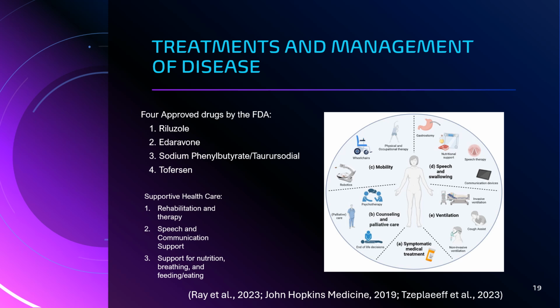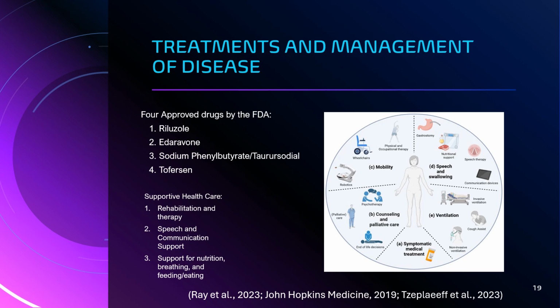Riluzole is an oral medication known for the past 25-ish years to have effects on the disease by slowing the progression down, which all of these medications essentially theoretically do that. Edaravone is an intravenous infusion drug since 2017 and an oral drug since 2022.